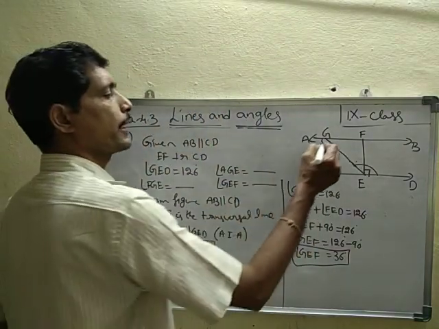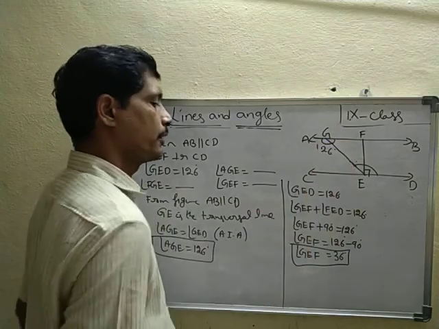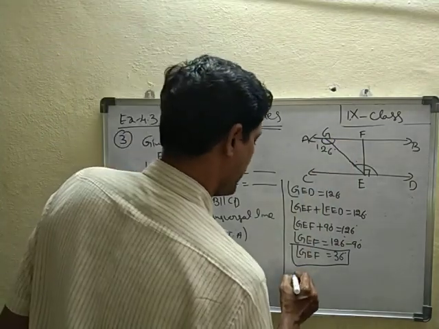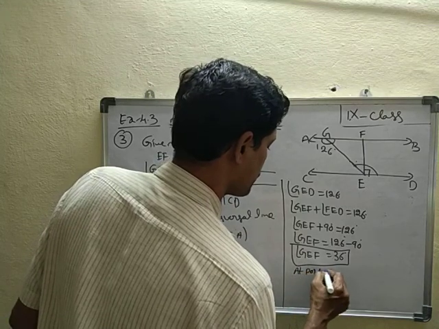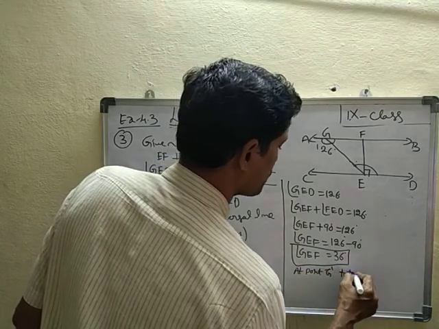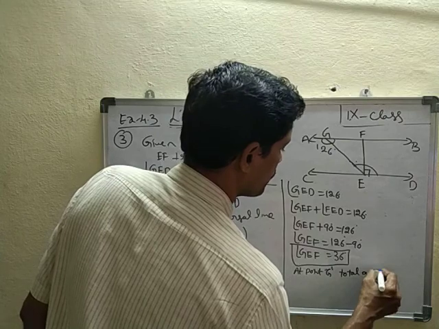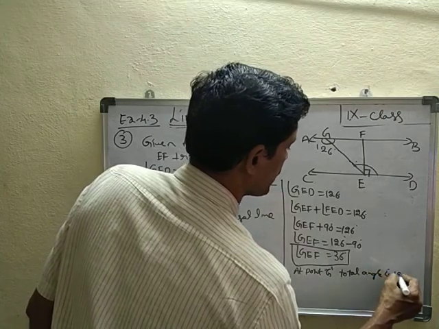At point G total angle equal to, that is 180 degrees.